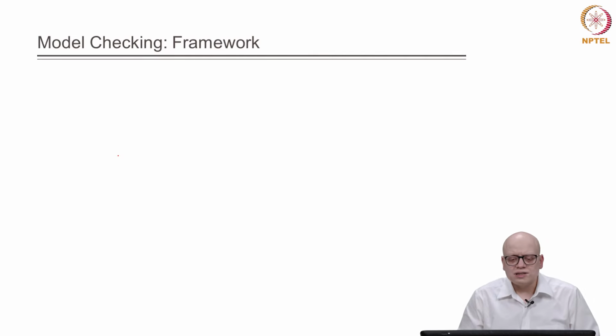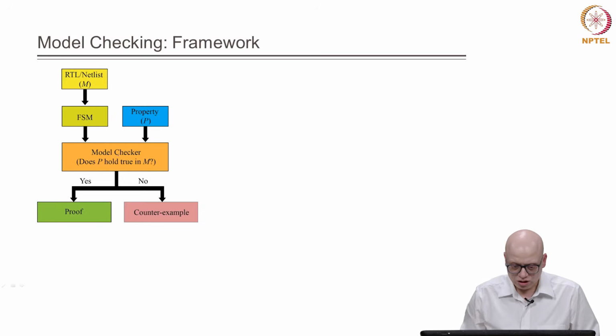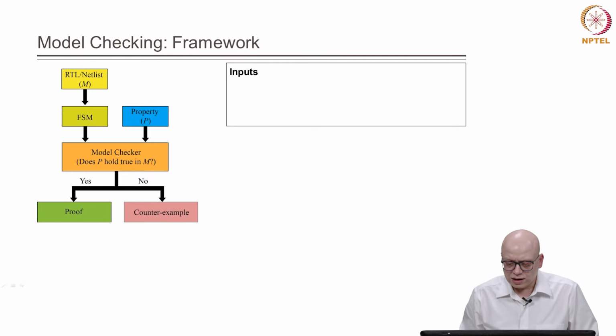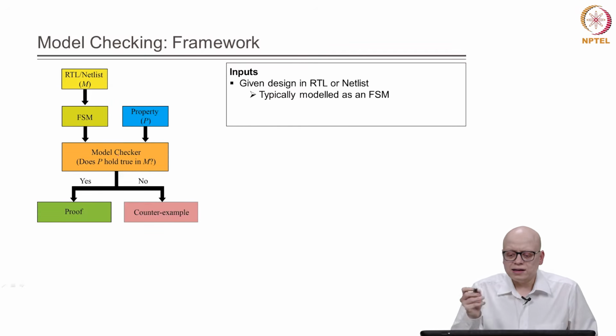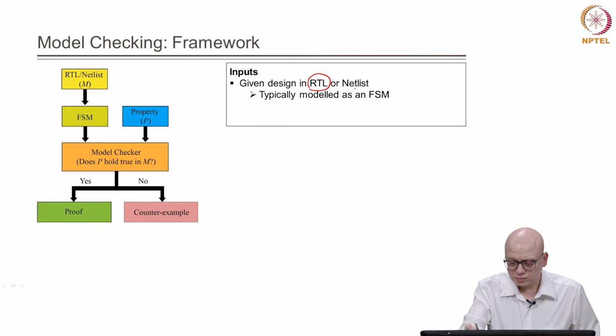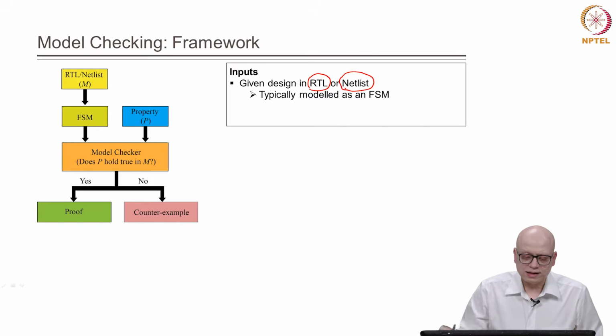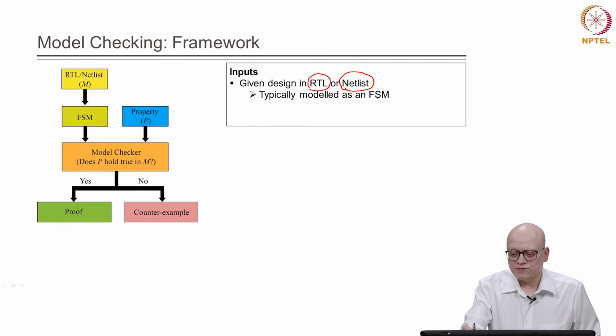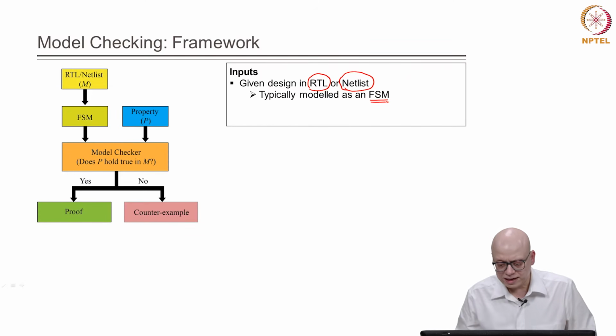So, let us first start with the framework of model checking. In model checking, the input that we give to the tool is the given design, either in the form of RTL or netlist, and the tool internally models this design as an FSM or finite state machine.